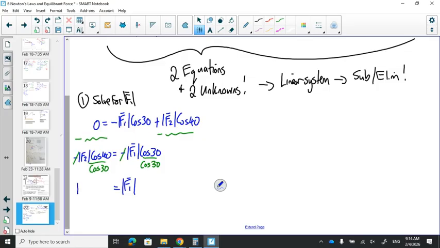So this is an absolute value of F2 cos of 40 over cos of 30. And again, you could evaluate cos of 40 and cos of 30 and get numbers if you wanted, but there's a benefit to me not doing that right now that I'll describe shortly. Right, so there's equation number 1b or equation number 3 or whatever you want to think of it as.